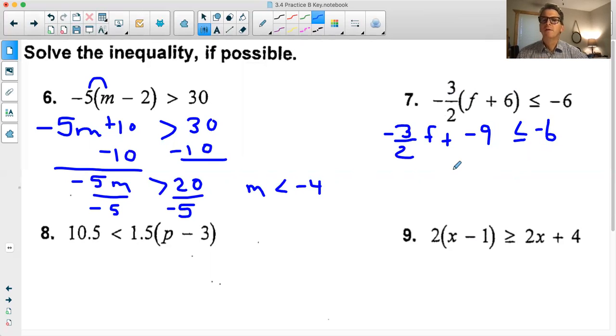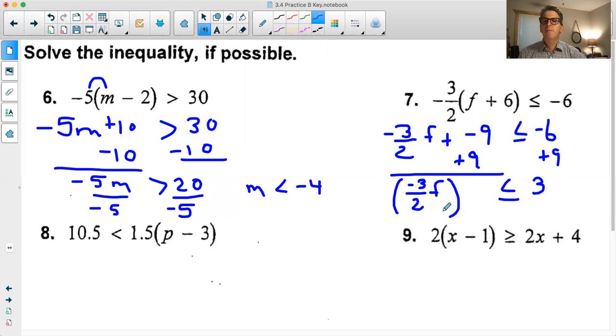Next step would be to add 9 to both sides. And you would have negative 3 halves F less than or equal to negative 6 plus 9, which is positive 3. And then the last step, you would multiply by the reciprocal of negative 3 halves, which would be negative 2/3.